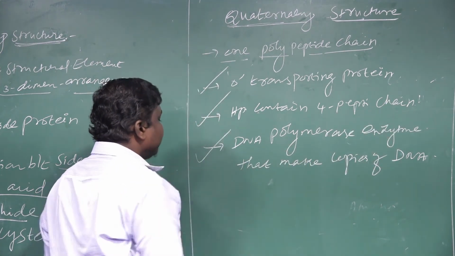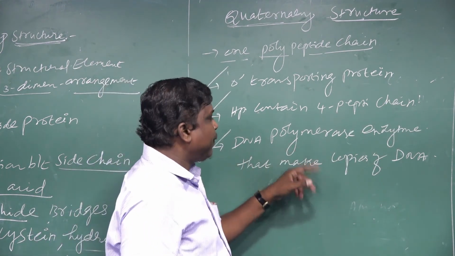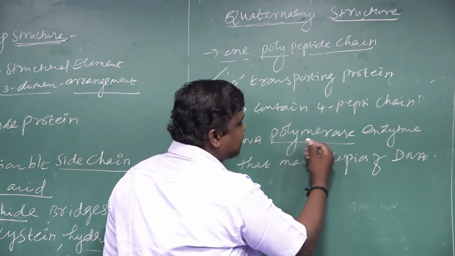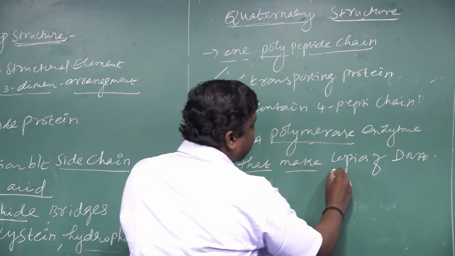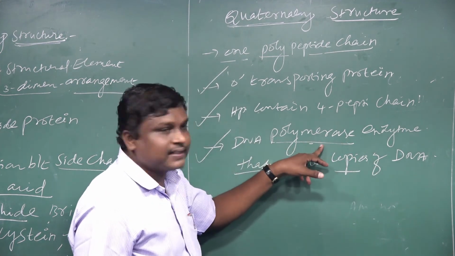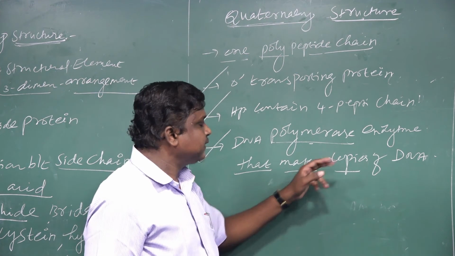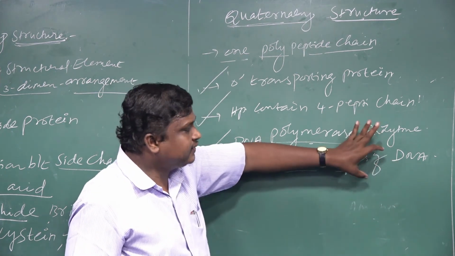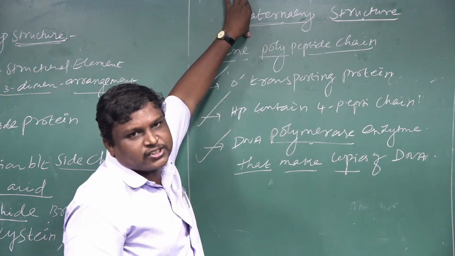Fourth one, DNA polymerase, an enzyme that makes a copy of DNA. This is known as quaternary structure.